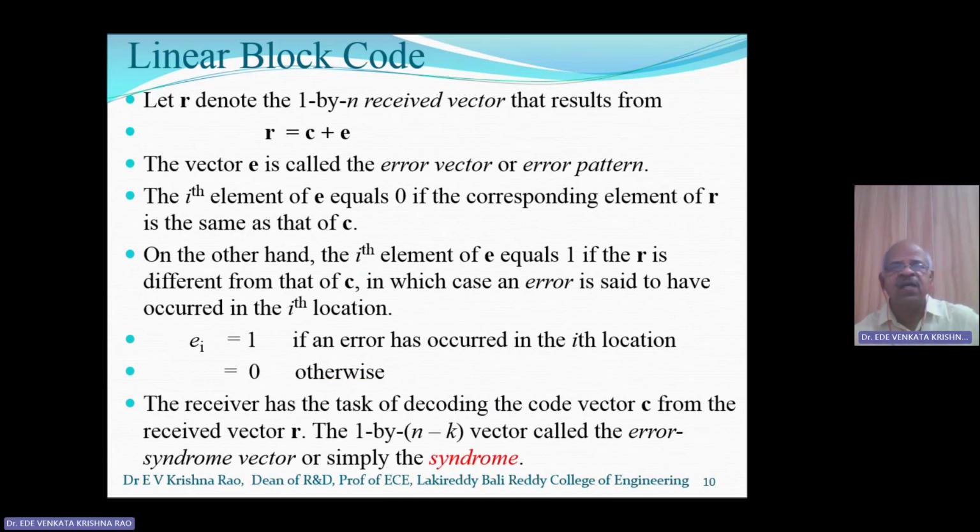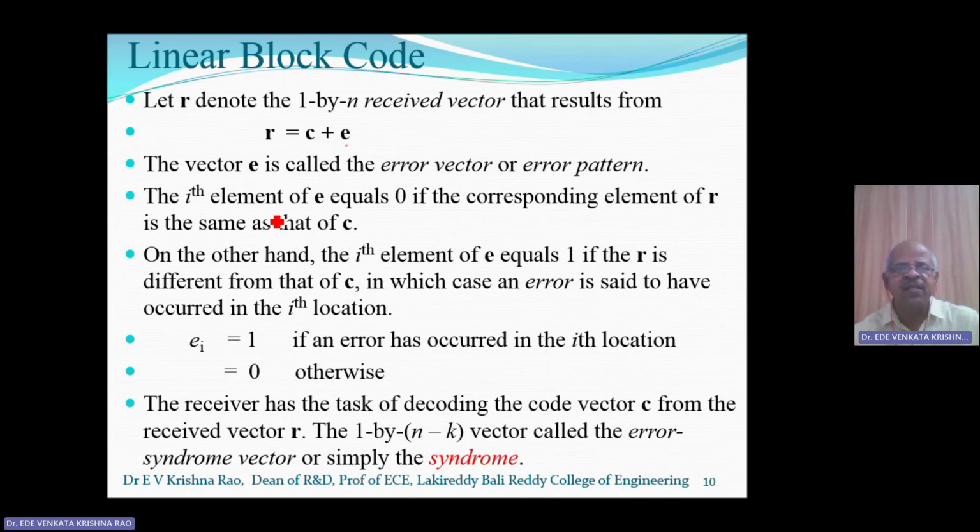This is a received word. If the code word is not equal to the received word, there is some error. So the error is the sum of C and R, the received word, and E is called the error pattern. What is that error pattern?